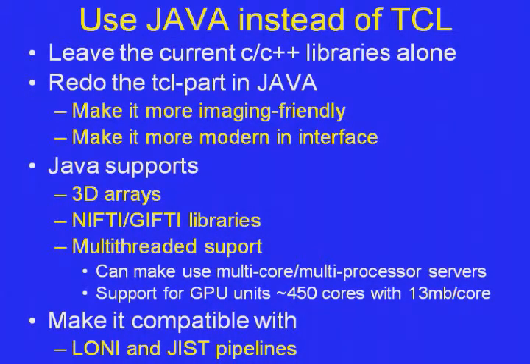And of course, where we want to go is to make it compatible with LONI and the GIST pipeline, specifically the GIST pipeline, because it references the data in memory and passes the data by reference, basically by a pointer to memory, rather than by saving and reading files.